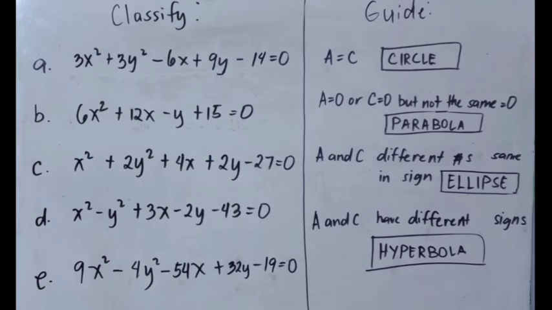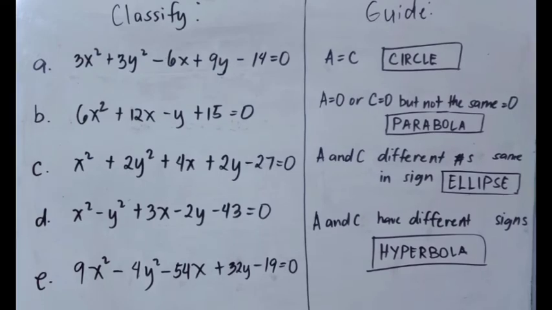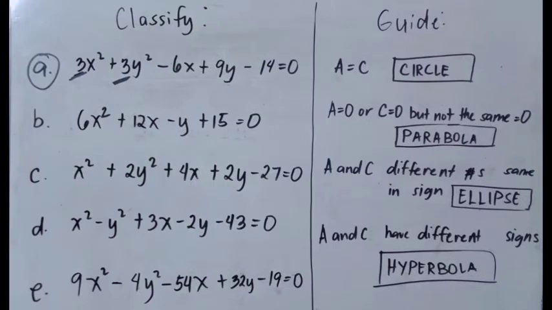Okay, so let us try to classify these equations. The equation must satisfy one of the definitions in our guide in order to determine if that is a circle, parabola, ellipse, or hyperbola. So we have to observe first these equations before looking in our guide in order to classify them properly. Let us start with letter A. In letter A, we notice that our coefficients in x squared and y squared, which are our a and c, are the same.